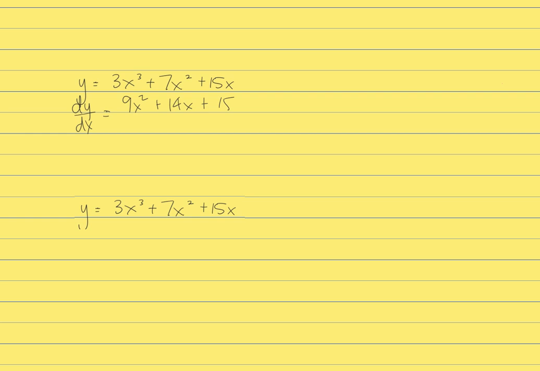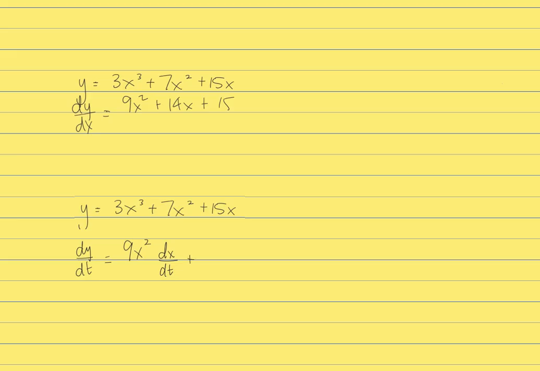But if I asked you to do the derivative of the exact same function, but with respect to t, now, again, notice there's not a t anywhere in sight. Doesn't mean I can't do this derivative. All it means is I'm going to do the derivative the way I thought I was going to, 9x squared, but now I have to make sure that I have a little notation here that says, hey, I did the derivative with respect to t.